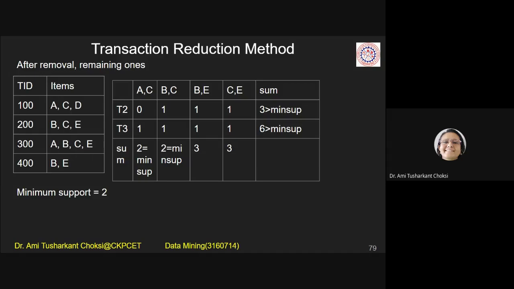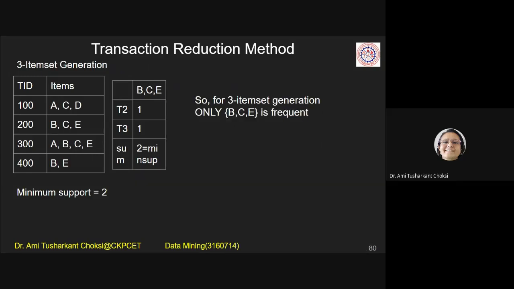So AB, AC, BC all must be frequent, which is not the case here. AB is not frequent in the L2. So in L3, it cannot be there, isn't it? So ABC cannot be there.